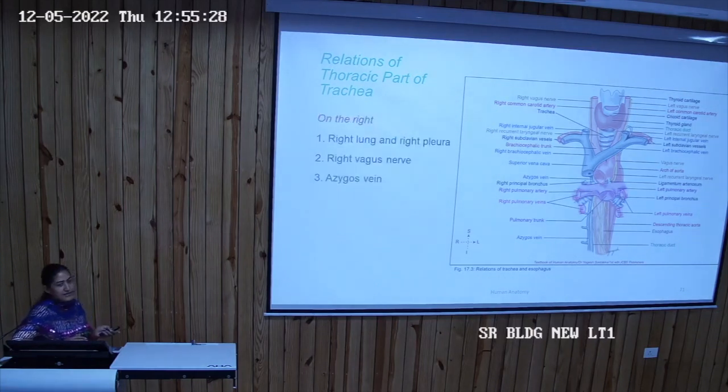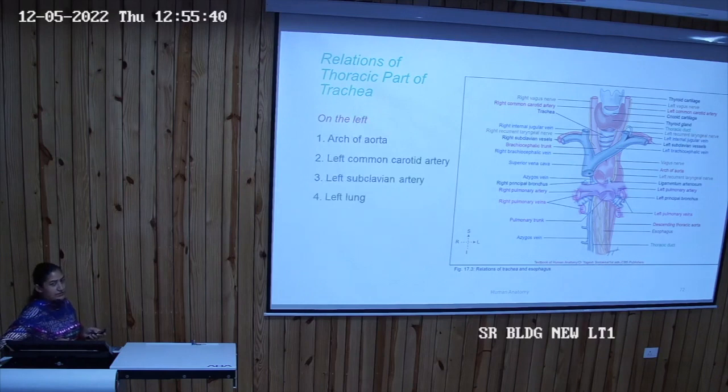On the right and left, you have the lung and the pleura. On the right side, you have the right lung, right pleura, right vagus nerve and the azygous vein. What is present on the left?